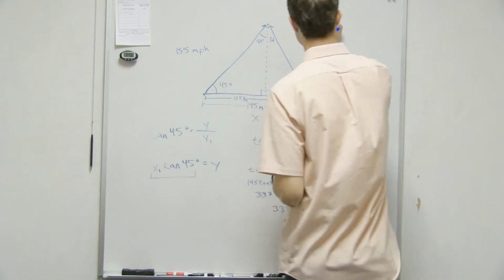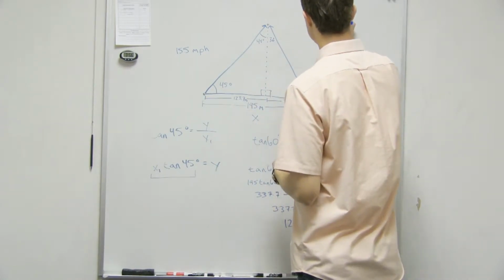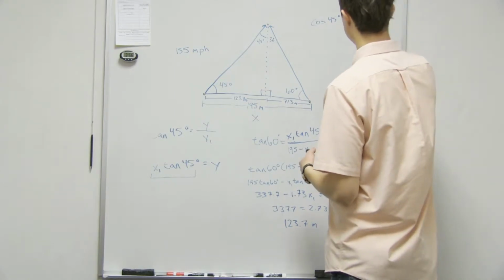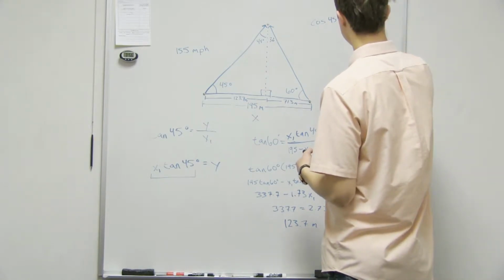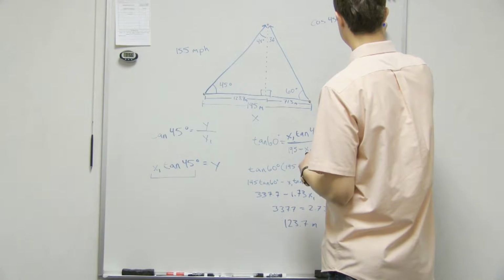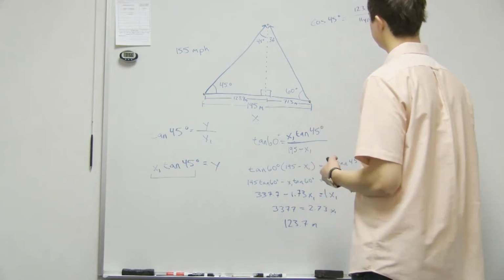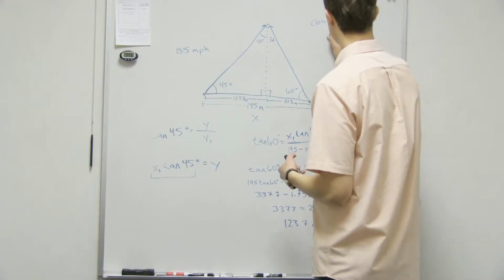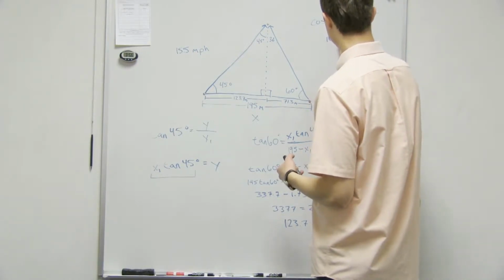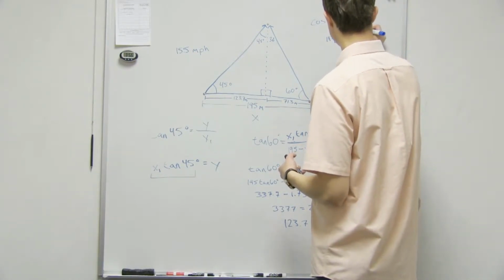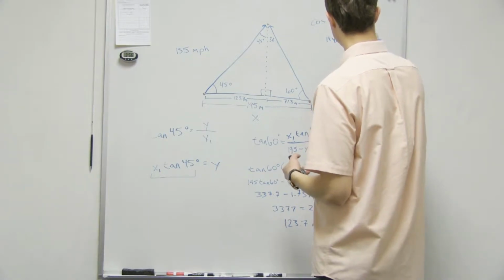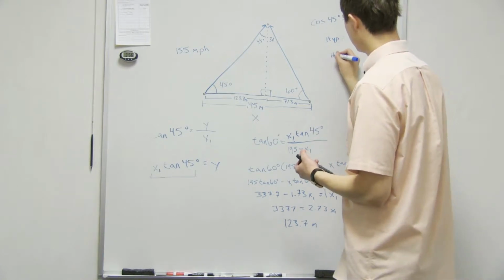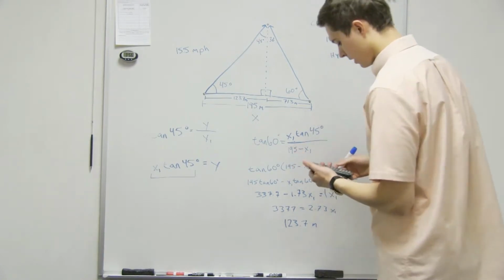So we can say cosine of 45 degrees equals 123.7 over our unknown hypotenuse. With some rearrangement, we get hypotenuse equals 123.7 divided by cosine of 45 degrees. Plug that into our calculator.